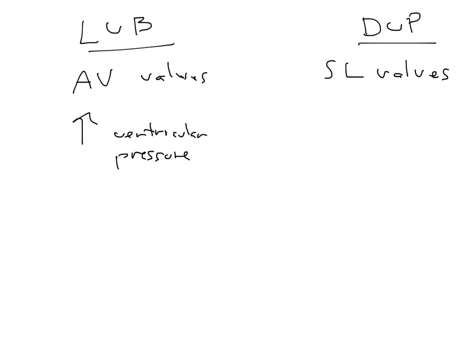As that pressure increases, that slams shut the AV valves. And that's the first sound. At this point in time, the semilunar valves are still closed. Pressure continues to build and eventually ejects. In between these two sounds, you would have the ejection of blood out of the ventricles.